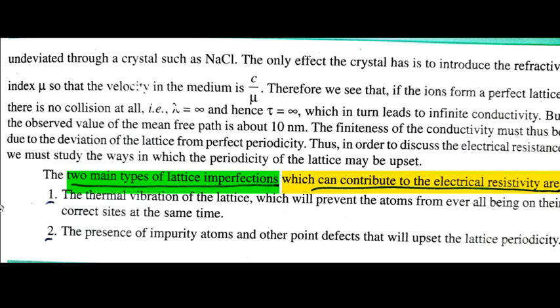So because of thermal vibrations, there are continuous atomic vibrations. And the second point is the presence of impurity atoms and other defects, which upset the lattice periodicity.